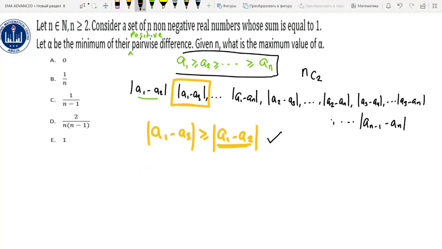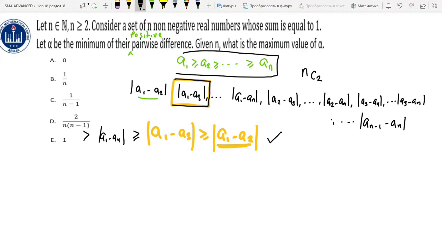What we observe here is that there are some terms that can never be the minimum of these pairwise differences. For example, A1 minus A3 cannot be the minimum. Also, A1 minus A4 cannot be the minimum, because A1 minus A4 is in fact greater than or equal to A1 minus A2.